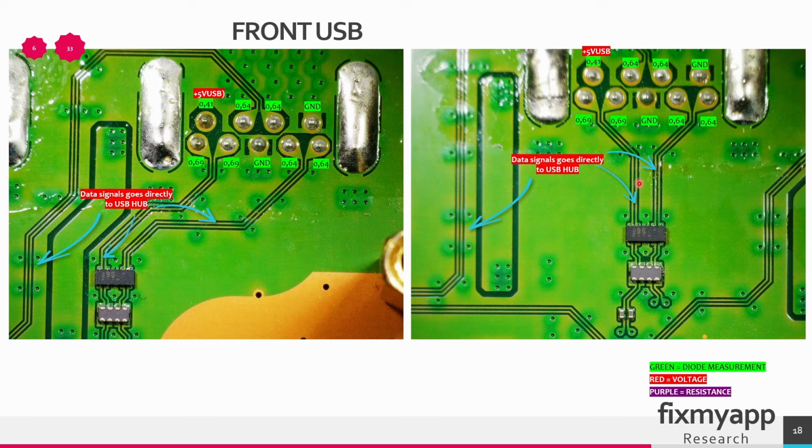The data line will go through a TVS diode, from there through this filter, and from here some decoupling capacitors, and these data lines will go to the USB 3.0 hub. Same here, so these data lines will go directly to the USB 3.0 hub.